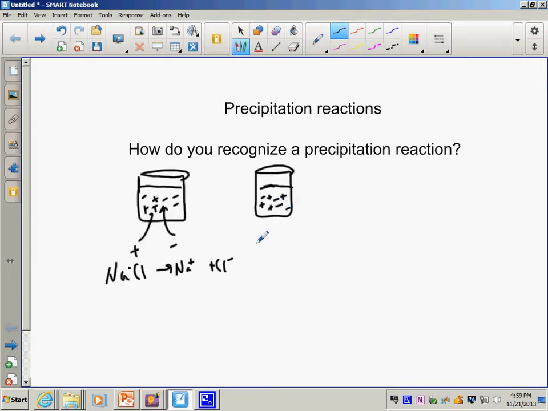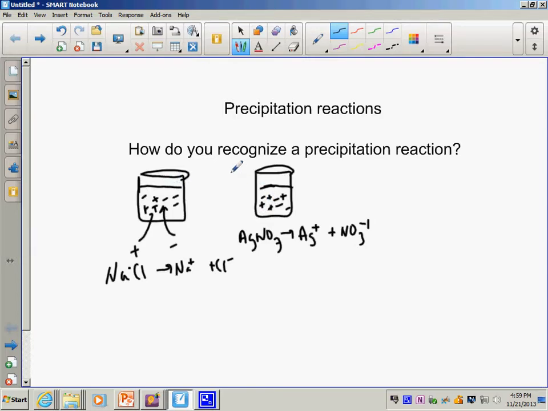Let's say this one is silver nitrate, AgNO3, which would be separate Ag+ ions and NO3- ions. So there are two solutions with ions dissolved.